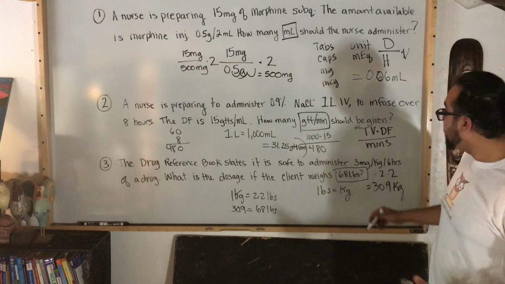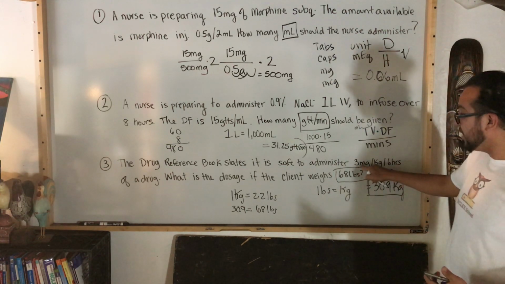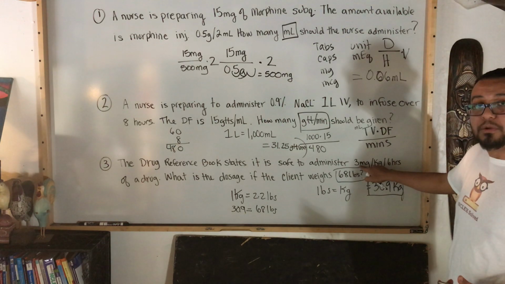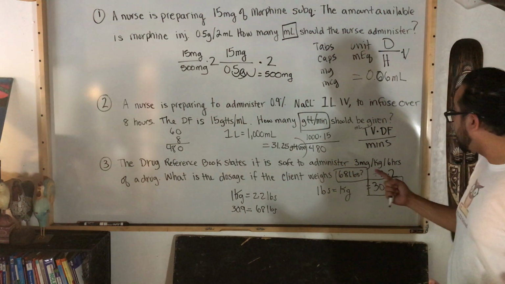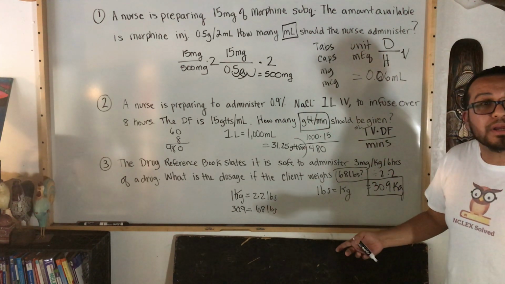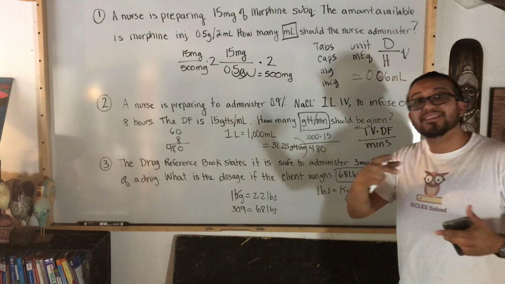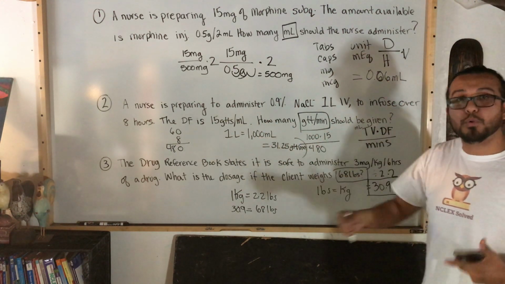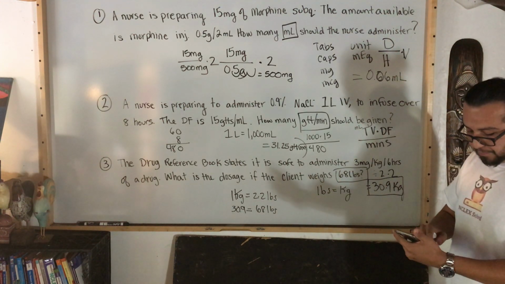So the first thing we have to do, since we figured out what our kilograms are, it tells you right there, this is the formula. You can give 3 milligrams for every kilogram. Well, if you have 1 kilogram and you can give 3 milligrams for every 1 kilogram, well, that's 3 milligrams, right? If it's 2 kilograms, you multiply it by 2 and that gives you 6, and so on and so forth. So what we're doing is multiplication.